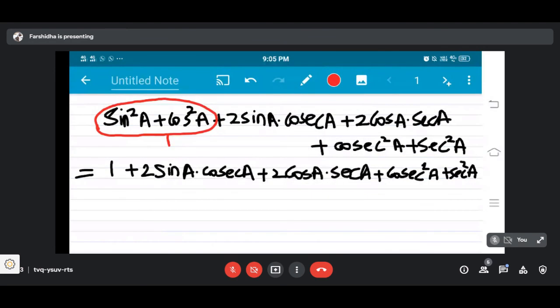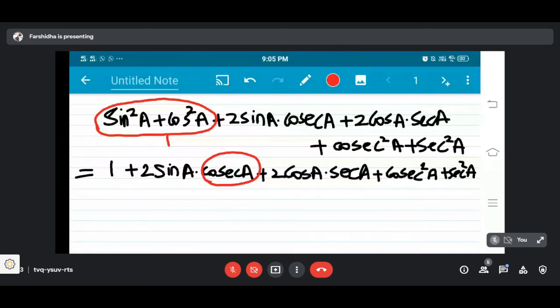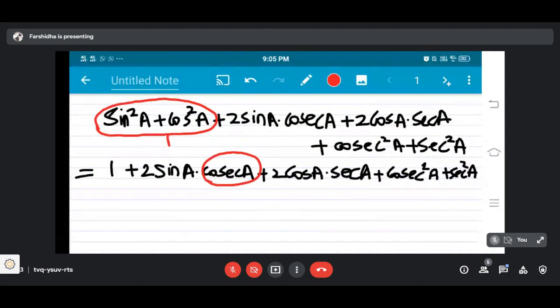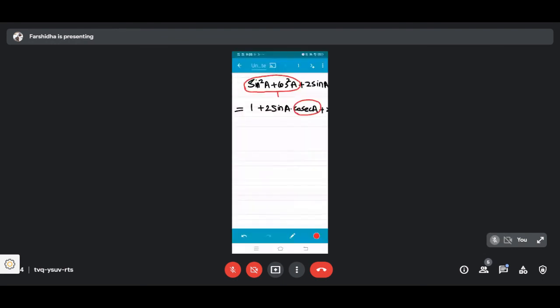Okay, in the next step we'll be changing cosec A as 1 by sin A. See, this term will change as its reciprocal. Reciprocal of cosec is sin.